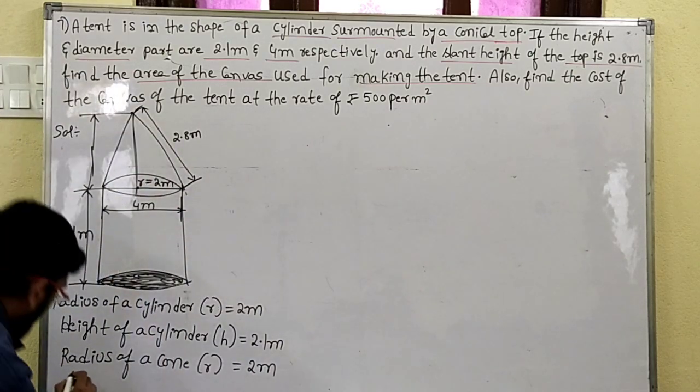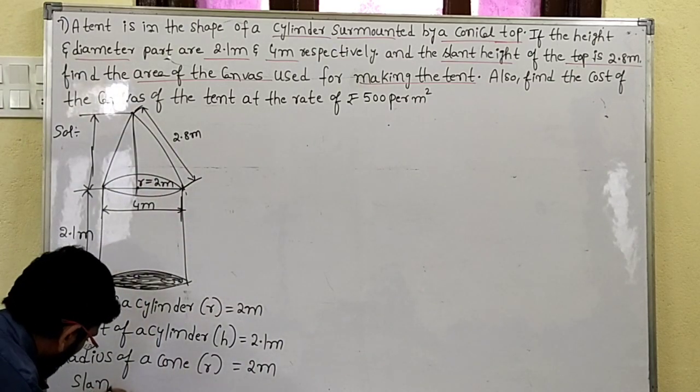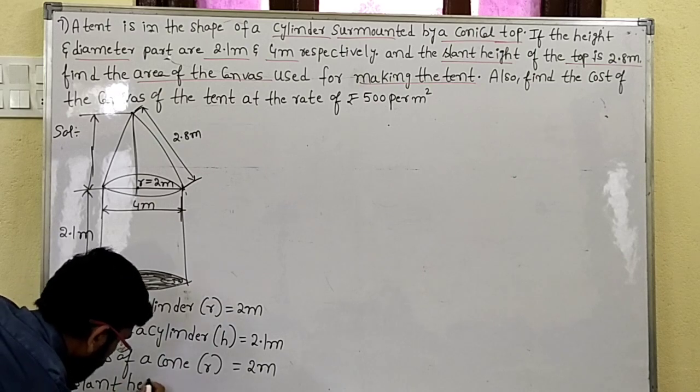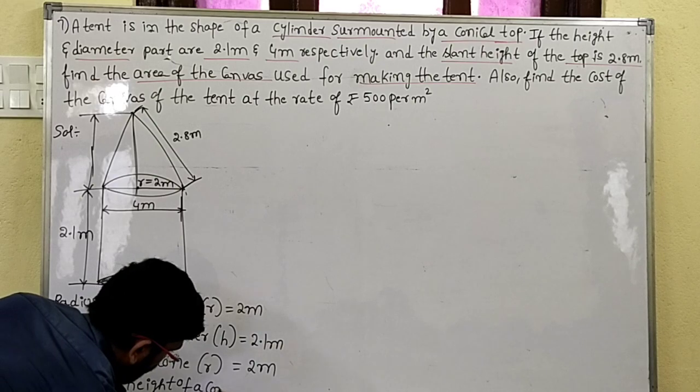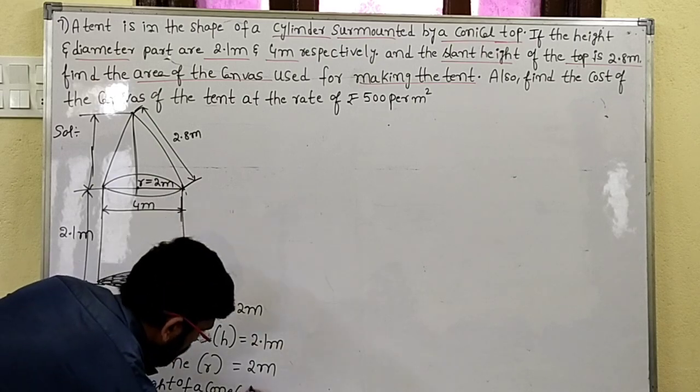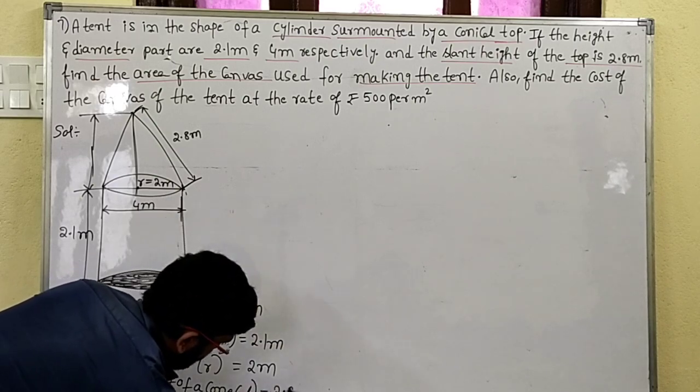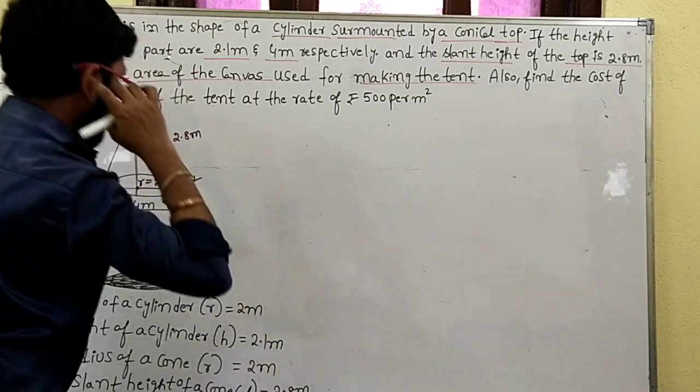Given the slant height of the cone, l is equal to 2.8 meters.